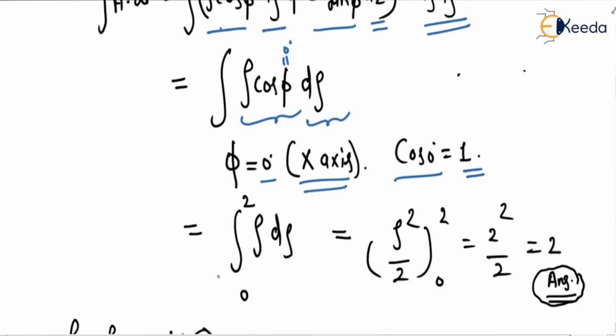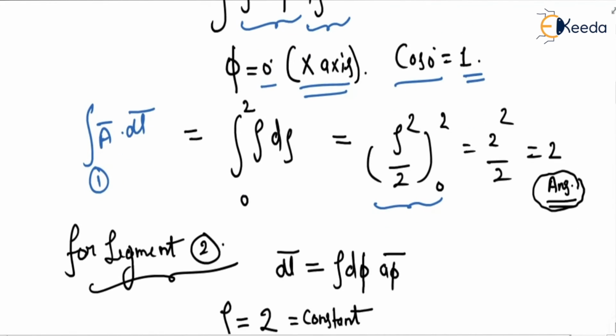Then the integration of A vector dot dl vector for the first segment is equal to the integral from 0 to 2 of rho d rho. The integration gives rho square by 2, with limits from 0 to 2, which is 2 square by 2, and the answer is 2. So for the first segment, our answer is 2.